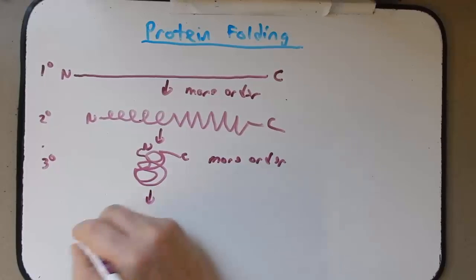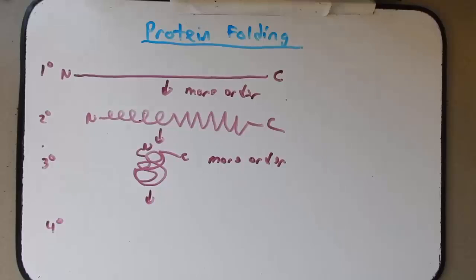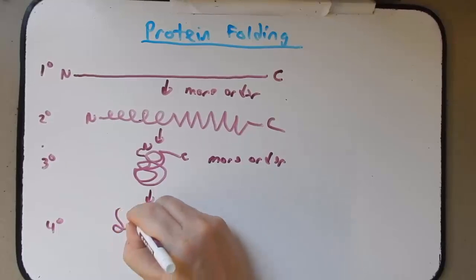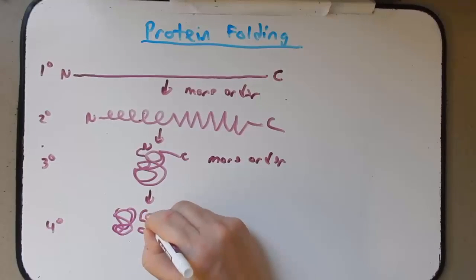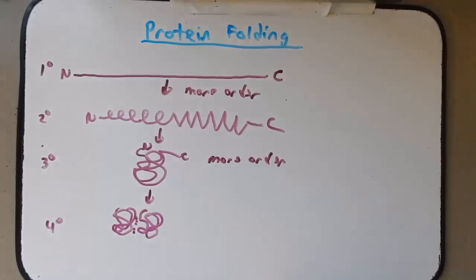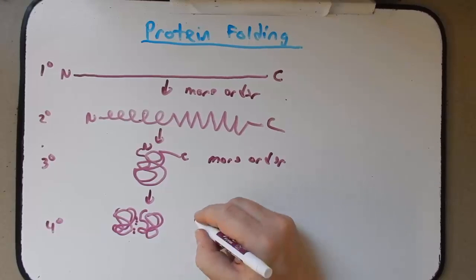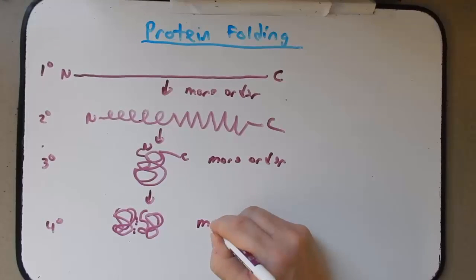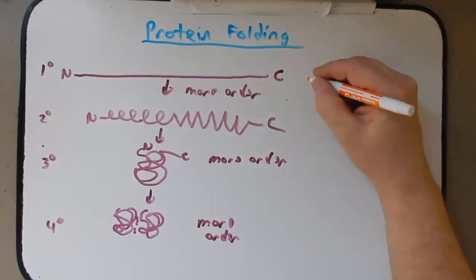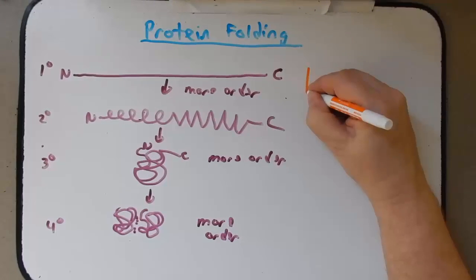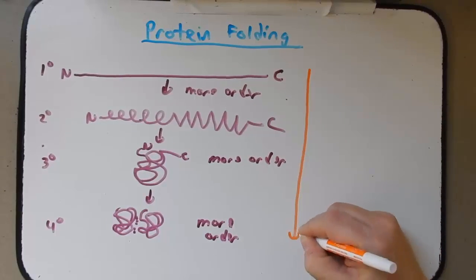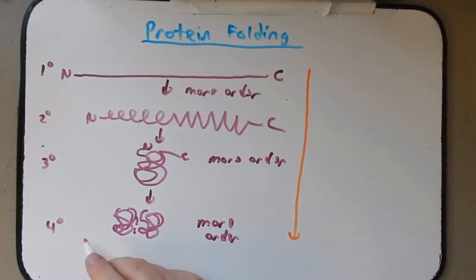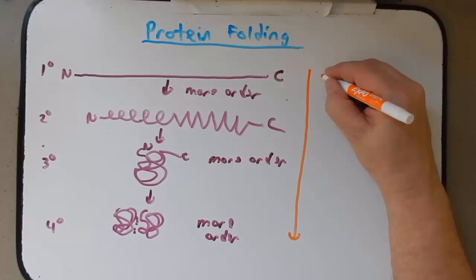This may, but it doesn't have to, as you may remember, fold into a quaternary structure where two of these subunits or two different subunits interact with each other, in which case we have, again, even more order. As we'll learn in a little bit, this process of going from primary to tertiary and quaternary is spontaneous.